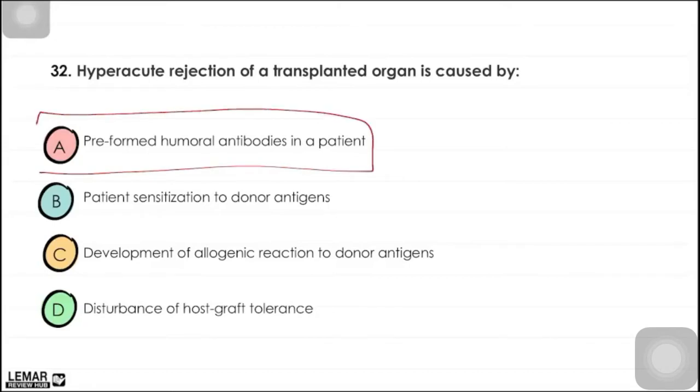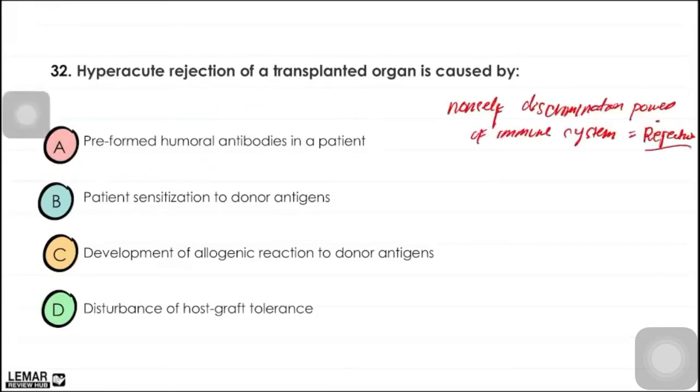So let's discuss each. Let us first define what a rejection is. Rejection is the non-self-discriminating power of the immune system. It is undesirable in a therapeutic setting such as in transplantation of cells, tissues, and organs from one person to another.